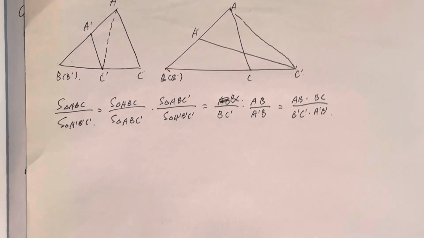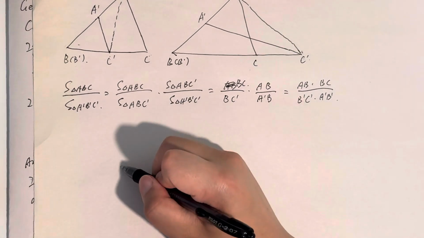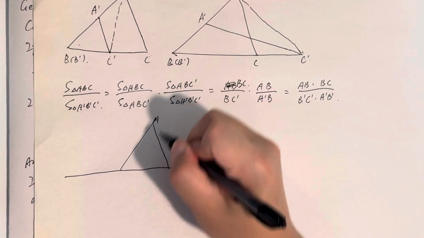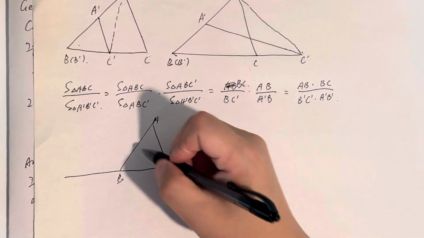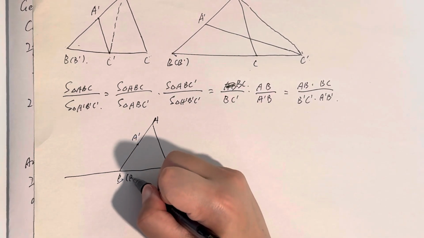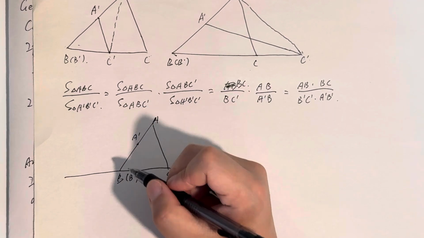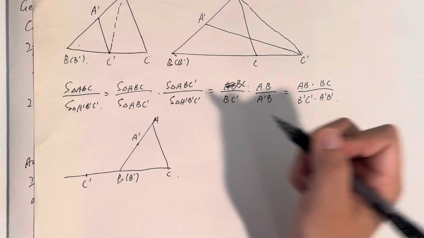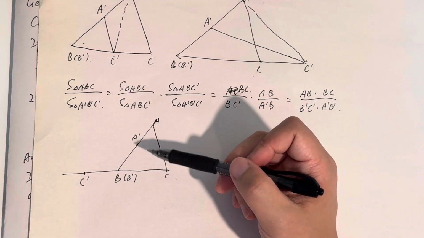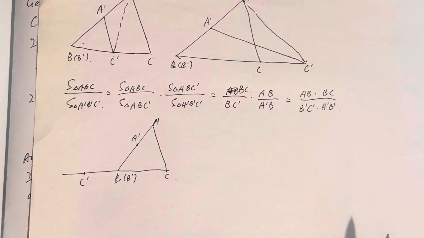And for the case that angle ABC plus angle A prime B prime C prime equals 180 degrees, right? The angle ABC and angle A prime B prime C prime are supplementary angles.